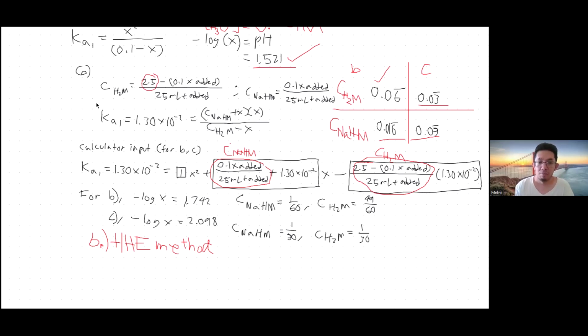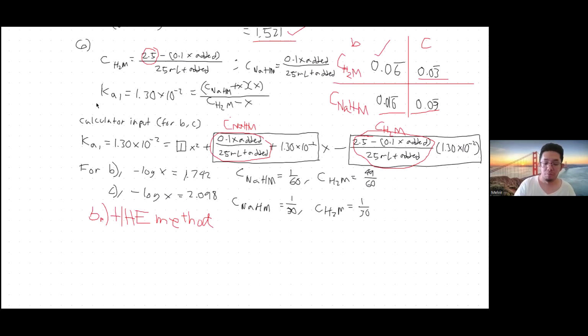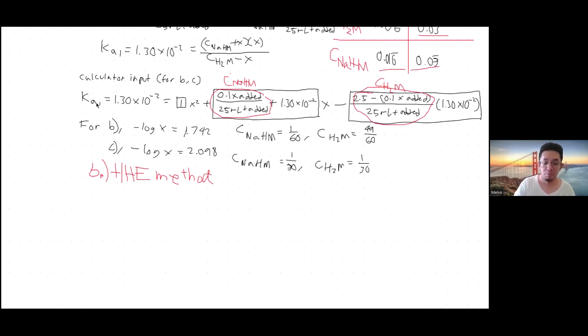Ah! Sorry po, na-input ko pala po yung Ka1 nung oxalic acid, kaya mali. 1.30 times 10 to the negative po yung Ka1.